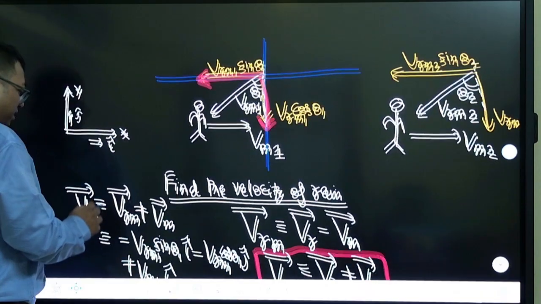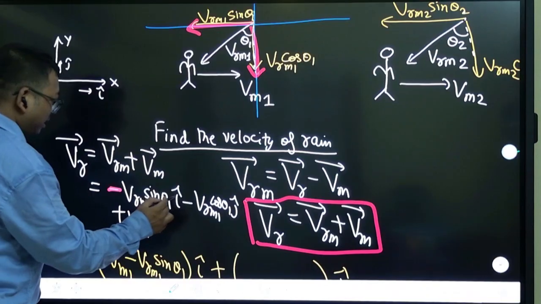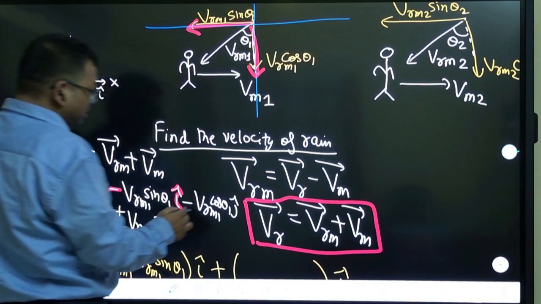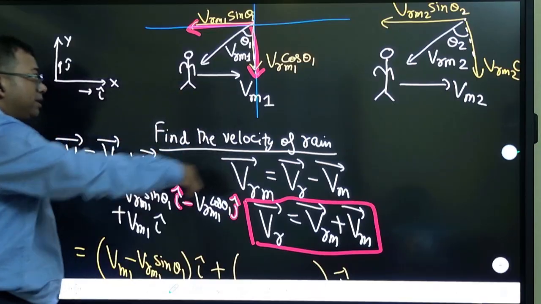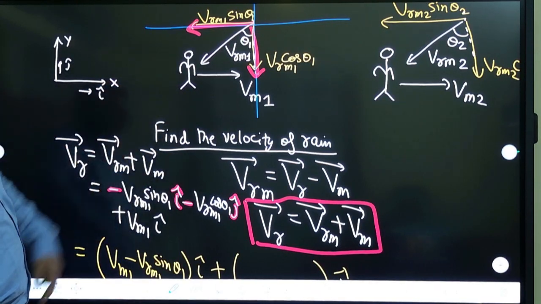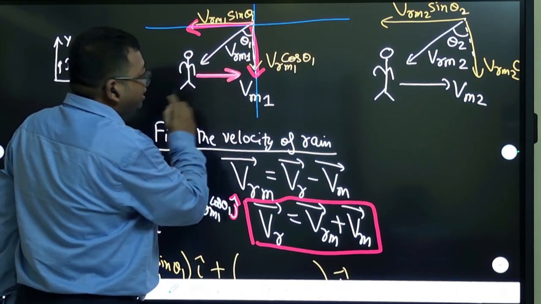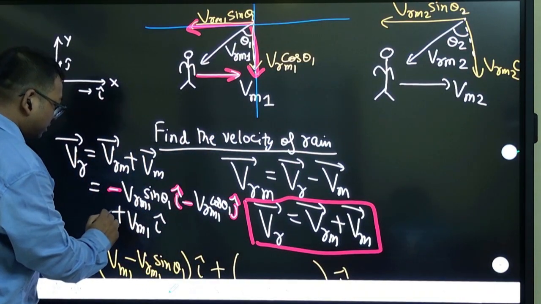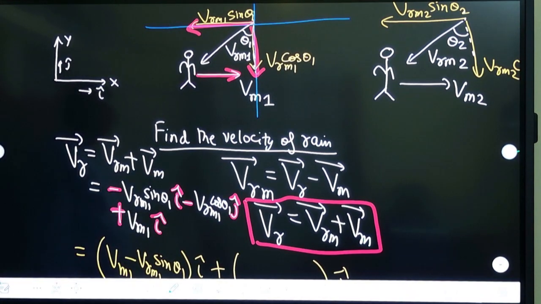So this minus I cap is coming because this direction is negative. Similarly, minus j cap is coming because of the negative y axis. And why is this coming positive? Because the man is going in the positive x axis, so Vm1 is coming positive I cap. Correct.